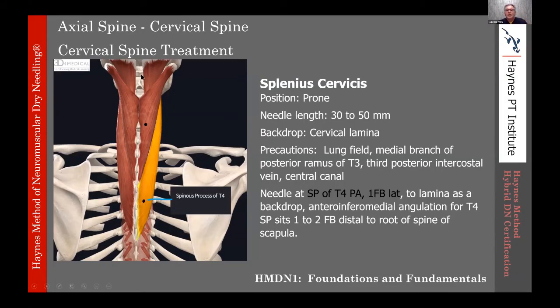Next, we'll move down, and again, that position, that one finger breadth away lateral from the superior aspect of the spinous process, we can carry that all the way from each segment all the way down if we so choose. I picked these two for, again, maximum bang for the buck. So the second one we'll look at will be off the spinous process of T4. This is specific for splenius cervicis.